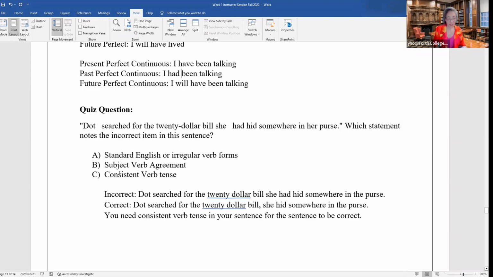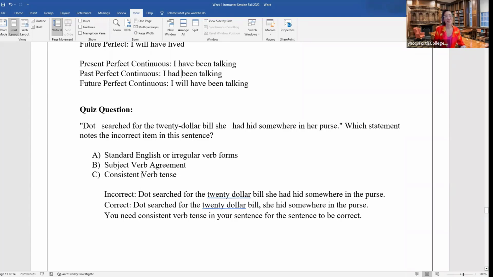Or is this a consistent verb tense mistake? What is the mistake in this sentence? A, B, or C? Of course, if you read it, the answer is right here, but.